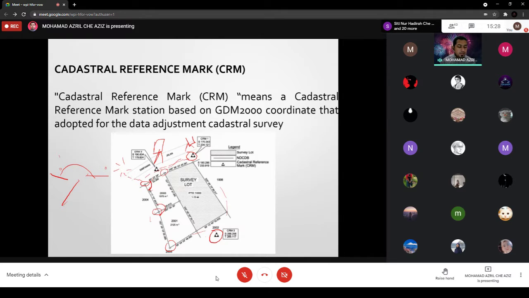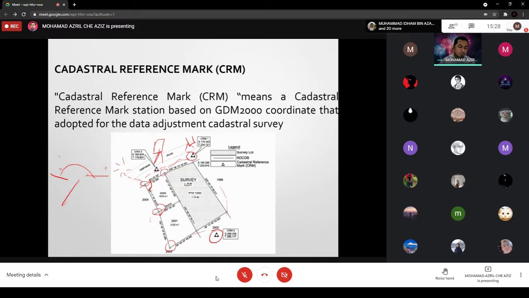Then next, the location of the CRM point must be far from things which block the satellite wave. For example, if you are in a town area and you want to establish the CRM, you need to be far from tall buildings, the highest buildings.